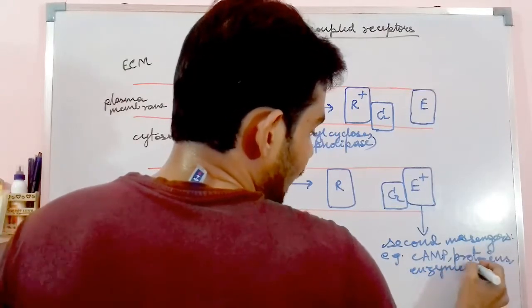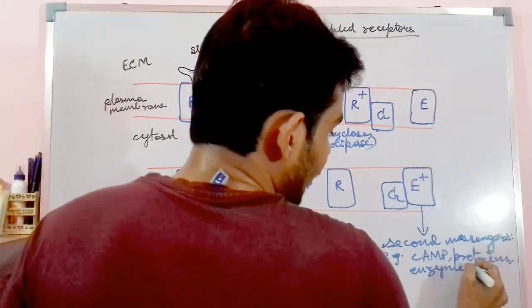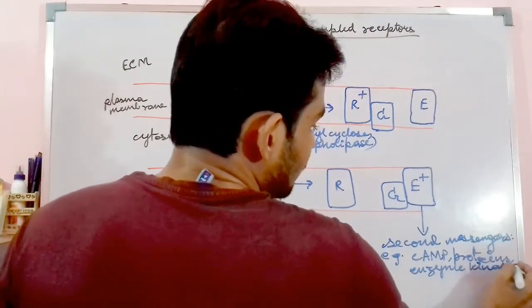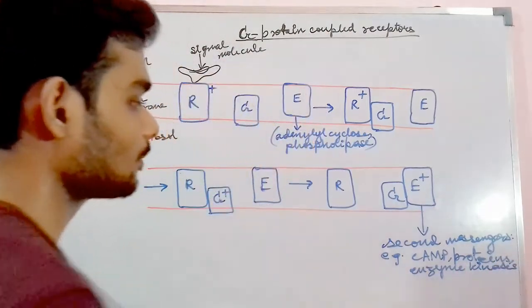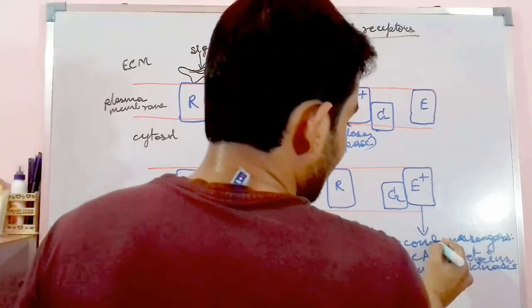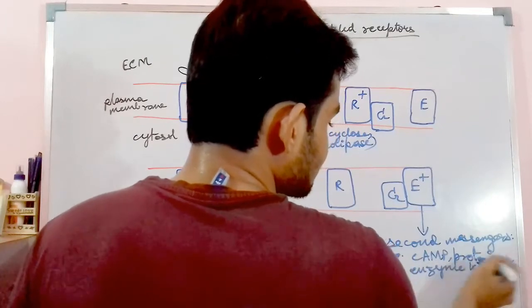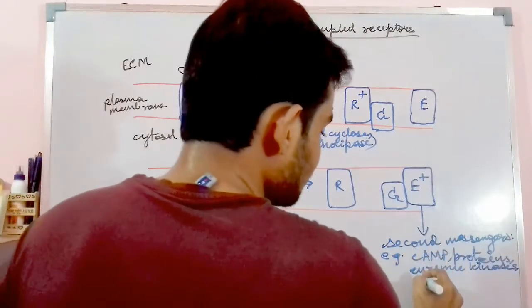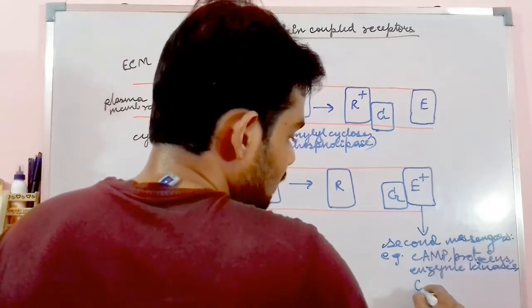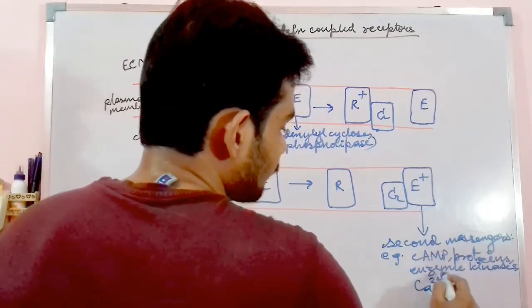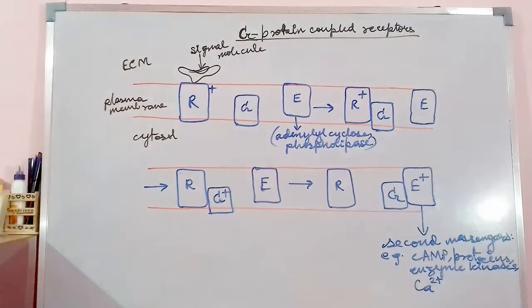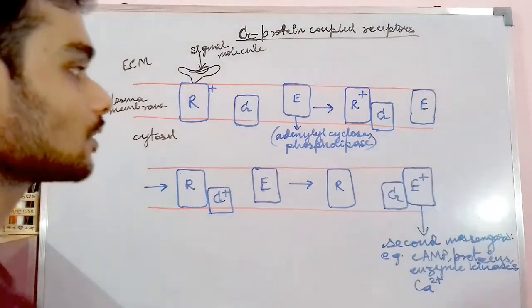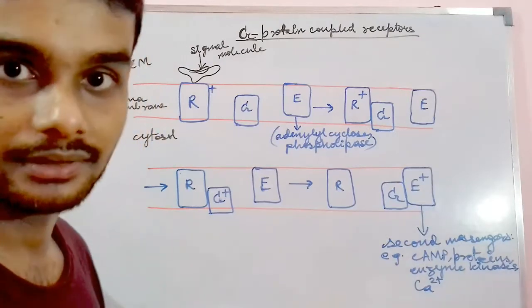Specifically, enzyme kinases. On the other hand, in the class of secondary messengers, another important thing that comes into action is the Ca2+ ion, the calcium double positive ion. So these are some of the secondary messenger molecules which help in carrying out or completing the post-transductional pathway.